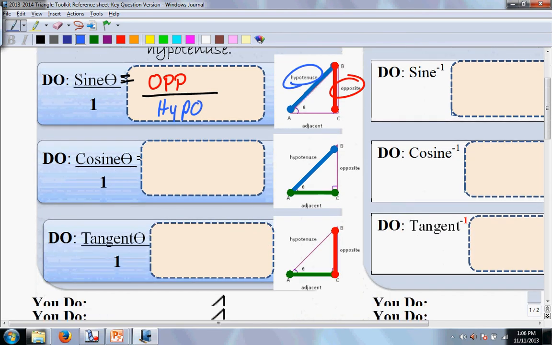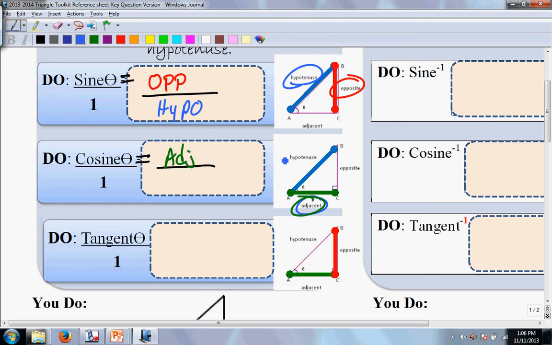And cosine, SOHCAHTOA. Cosine is going to be adjacent over hypotenuse.